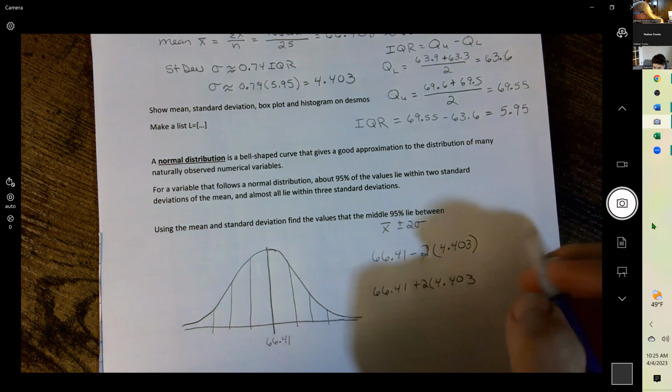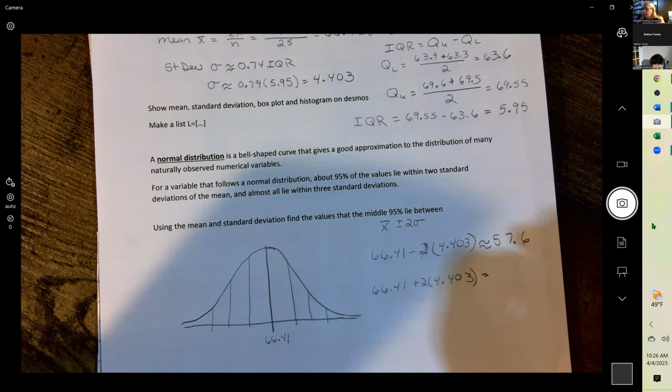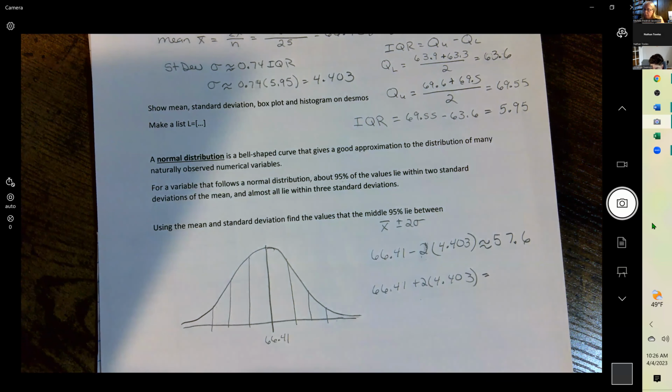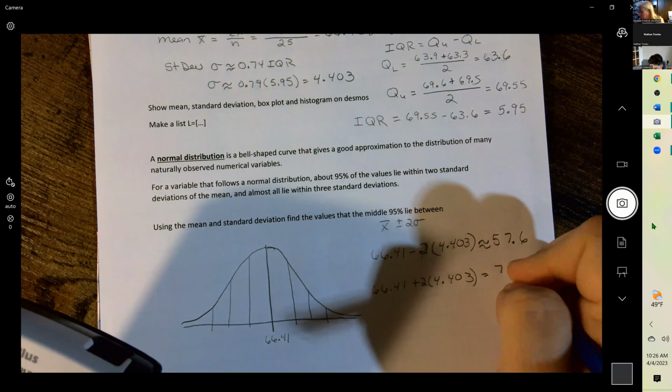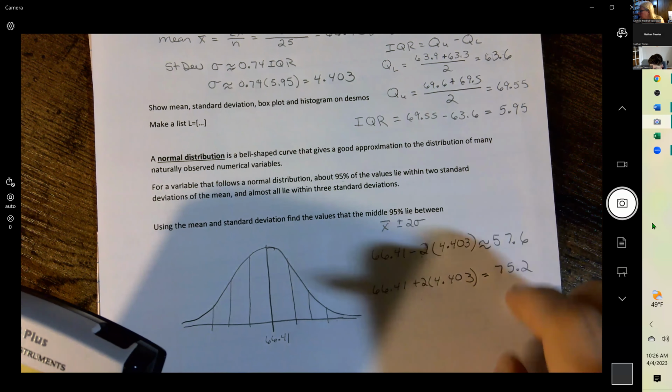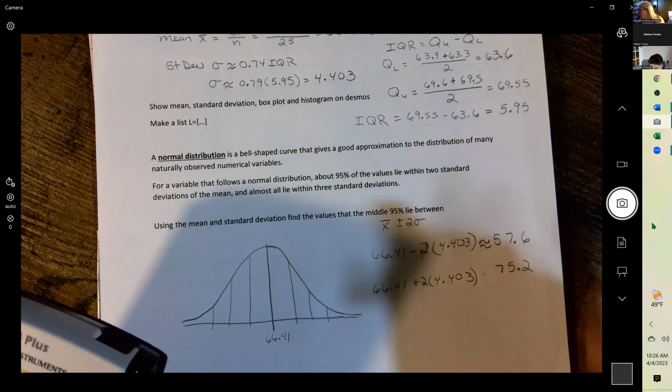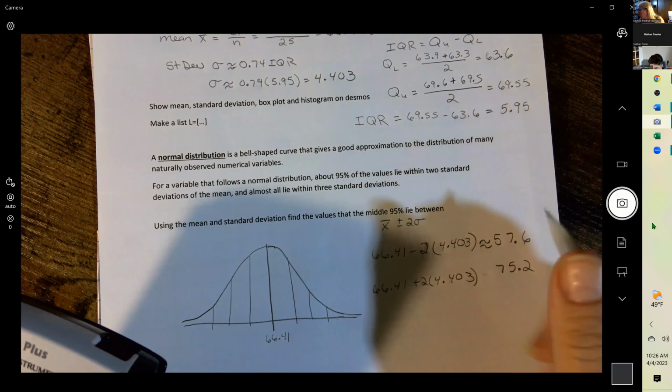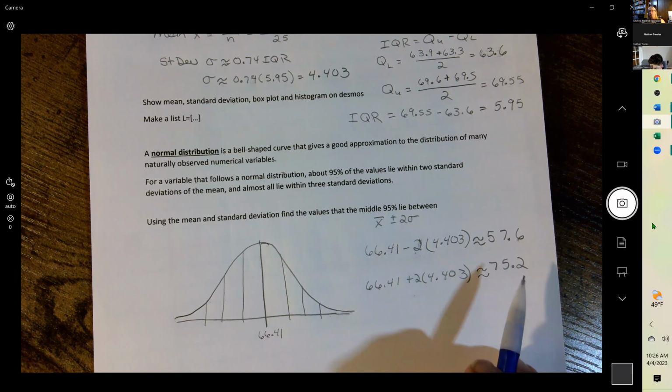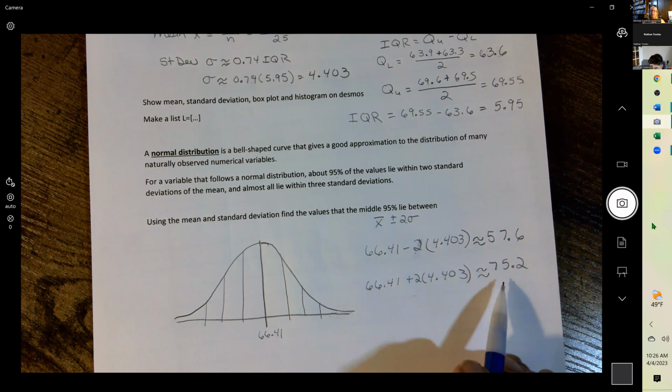I'm going to round to one decimal place. Ninety-five percent of the heights are between 57.6 and 75.2 inches.